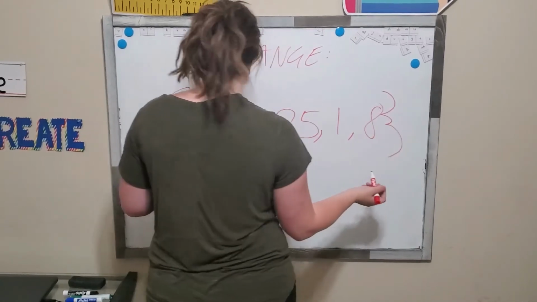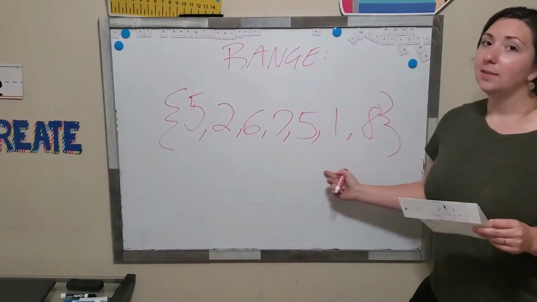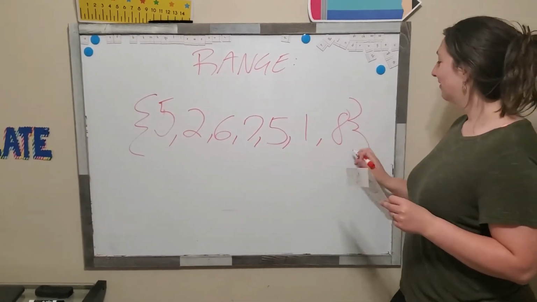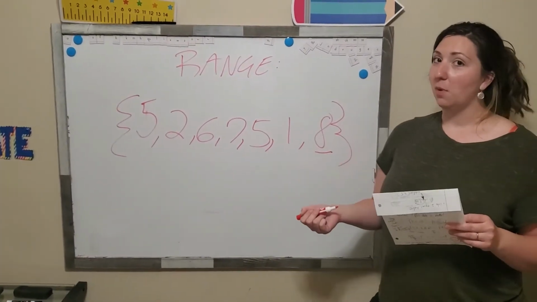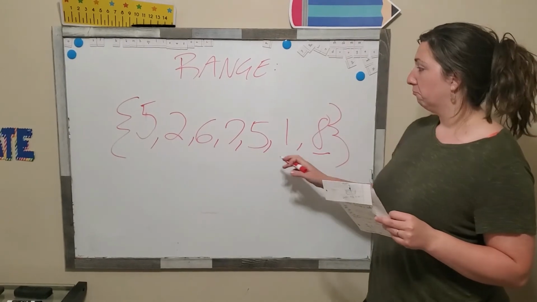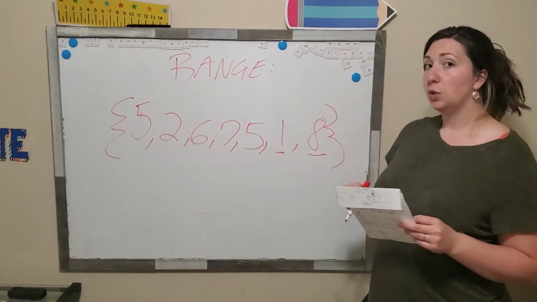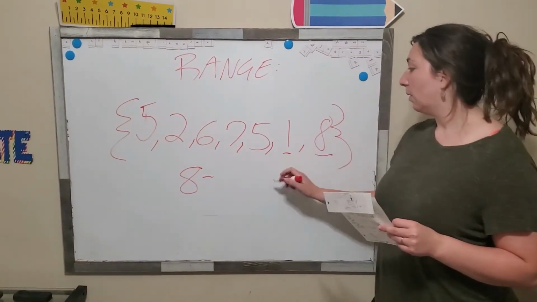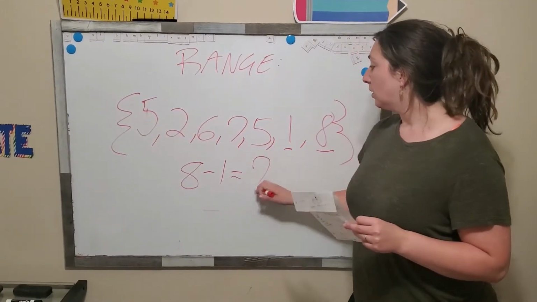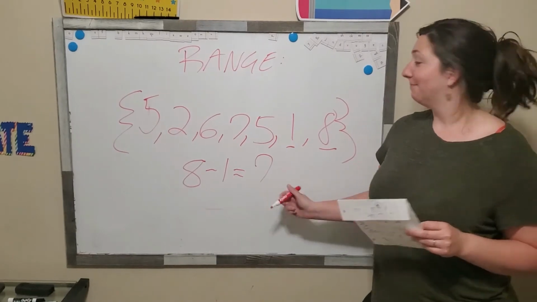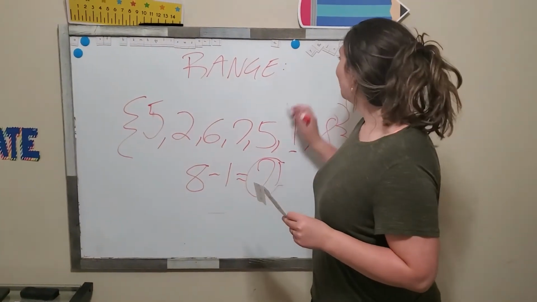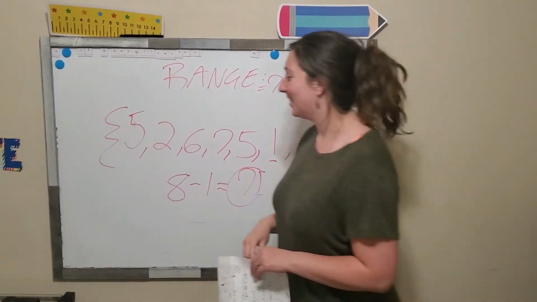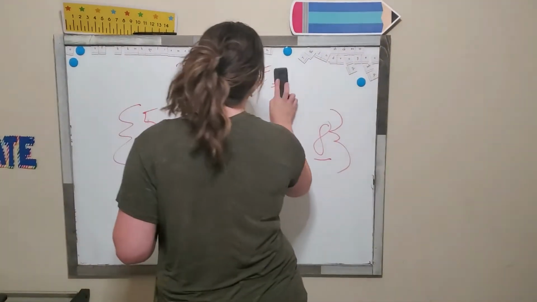Okay? So, what is our largest number here in our data set? 8. What is our smallest number in our data set? 1. So, the larger number, 8, minus the smaller number, 1, equals 7. Okay? So 7 is our range of this data set. Okay.